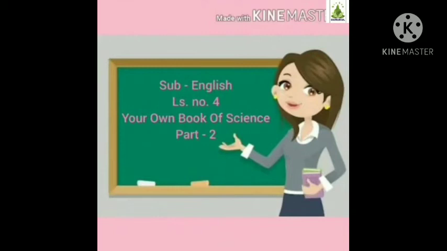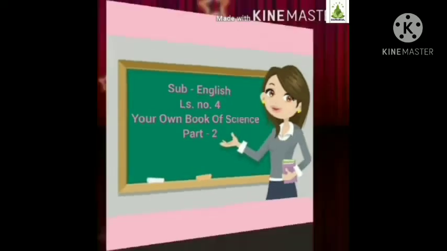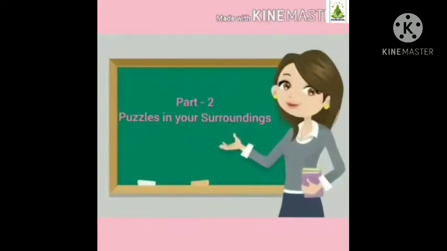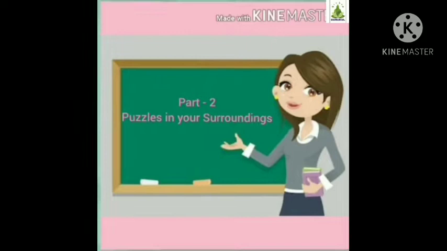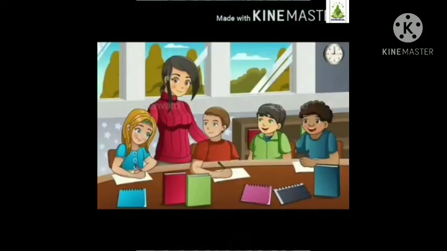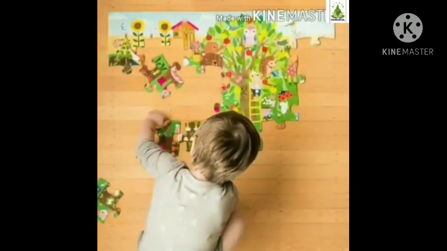Today, we are going to start with our lesson number 4, your own book of science, part 2. That is puzzles in your surrounding. You know kids, our whole surrounding is full of puzzles. Kids, which puzzle are you thinking of? No, not your game puzzles.